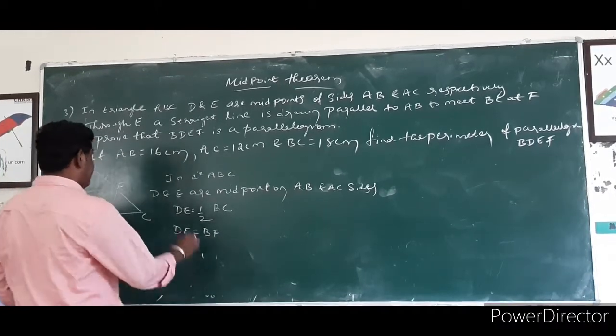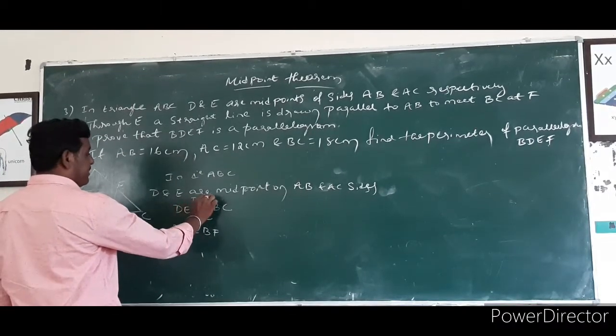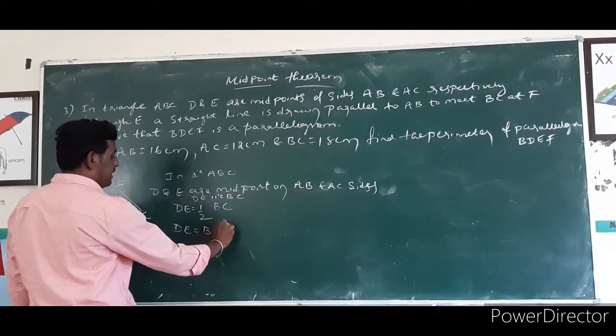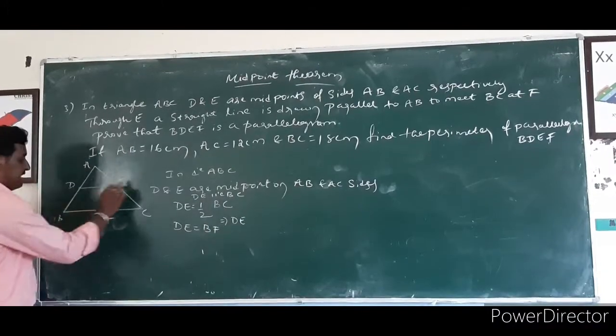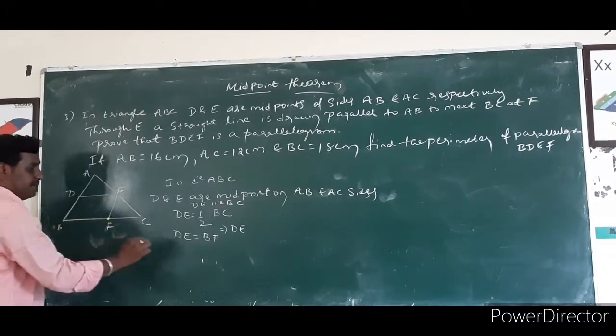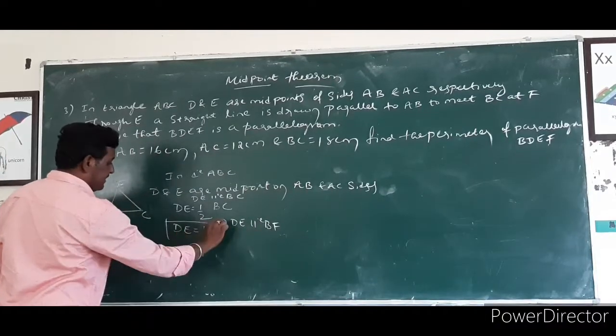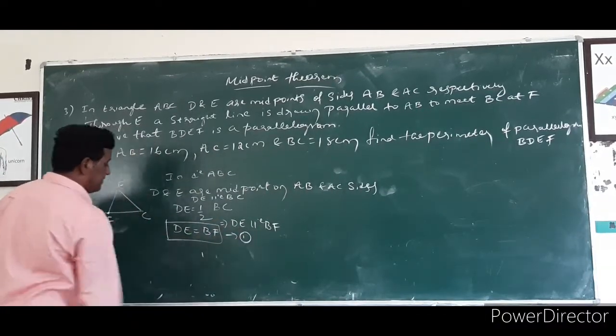Here DE is parallel to BC, which implies DE is parallel to BF. So this is equation number 1.